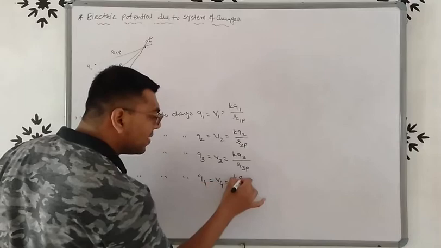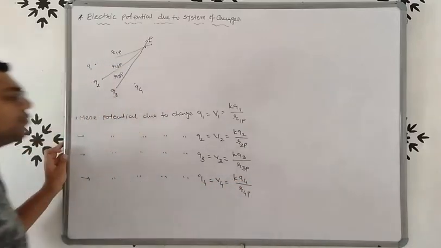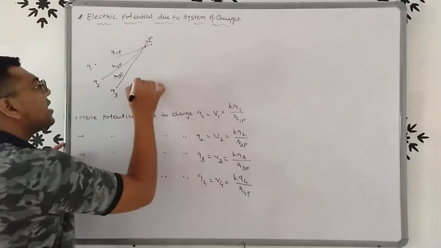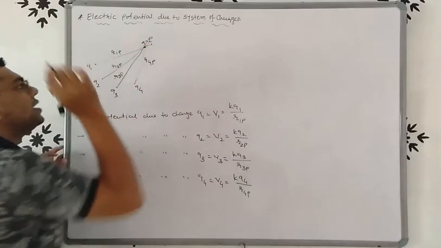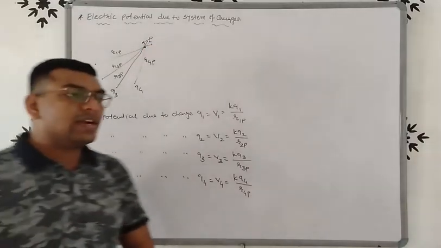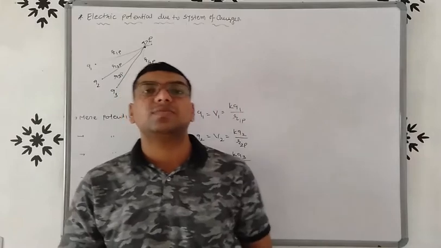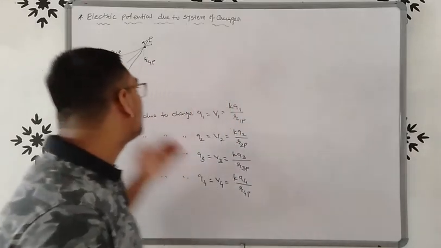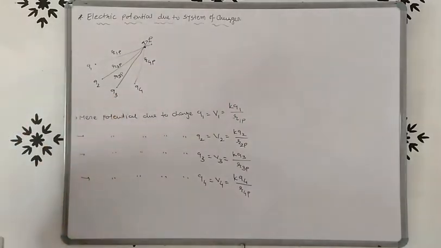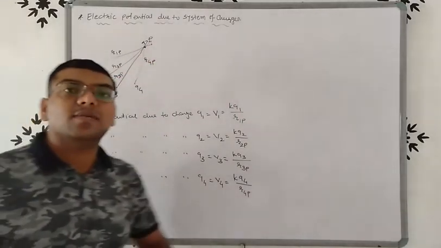How much? Kq by R. So Kq4 upon the distance from Q4 to P, that is R4P. So friends, here we have to find the electric potential due to the system of charges Q1, Q2, Q3 and Q4 at point P.